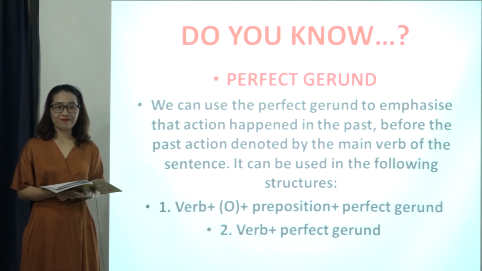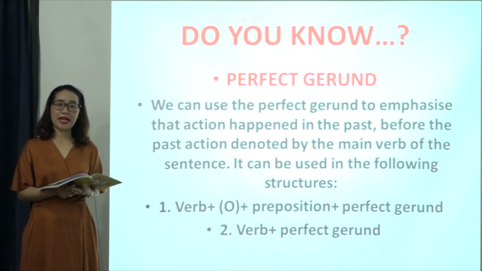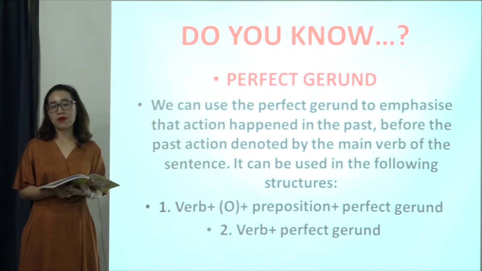And do you know, we can use the perfect gerund to emphasize an action happened in the past before the past action denoted by the main verb of the sentence, and it can be used in the following structures. For example, you have two structures.